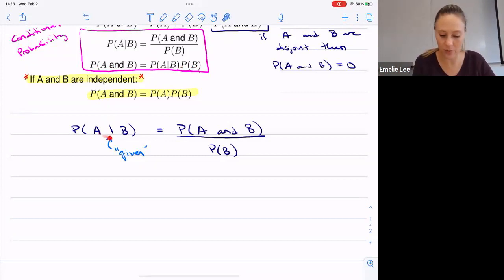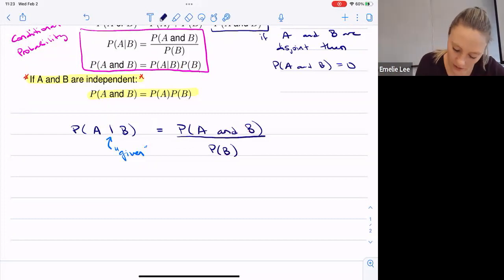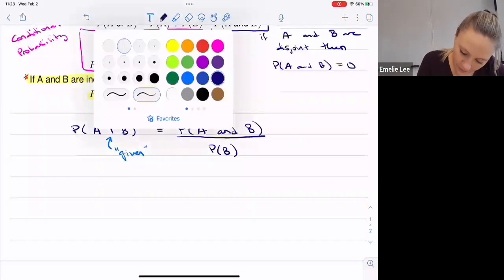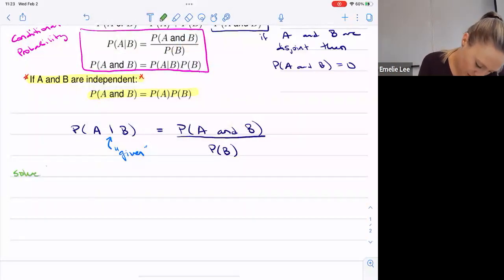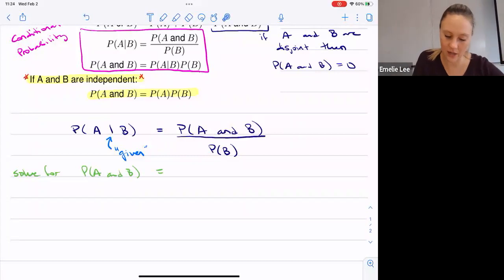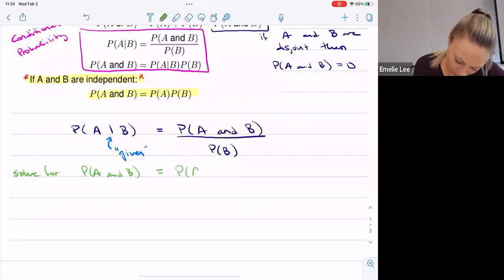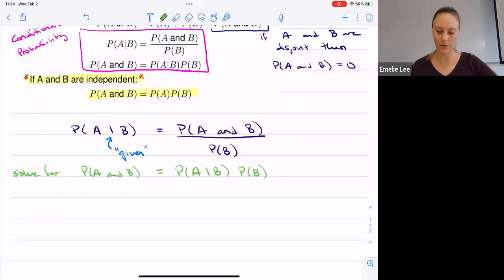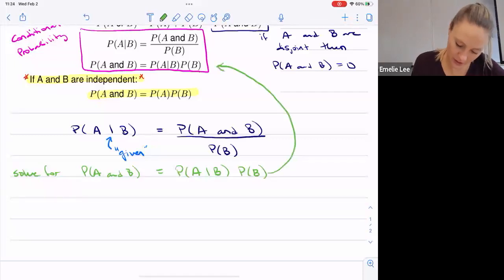It's just this formula solved for the probability of A and B. How do I solve for it? I would just multiply the probability of B over to the left-hand side. And then I get the probability of A given B times the probability of B, which is this formula here.